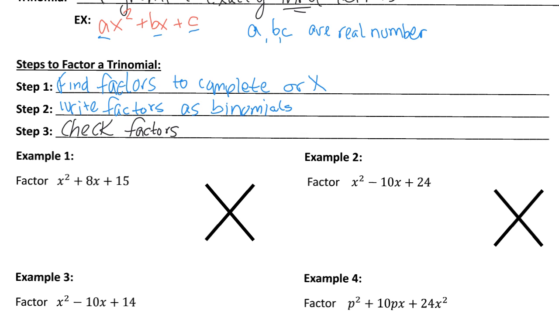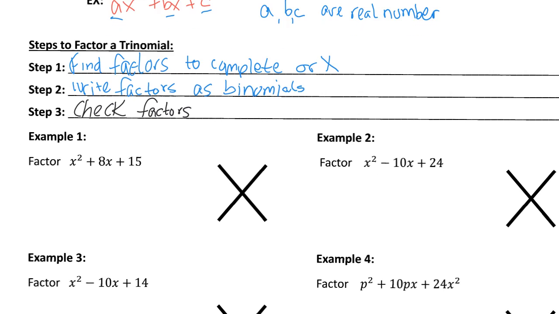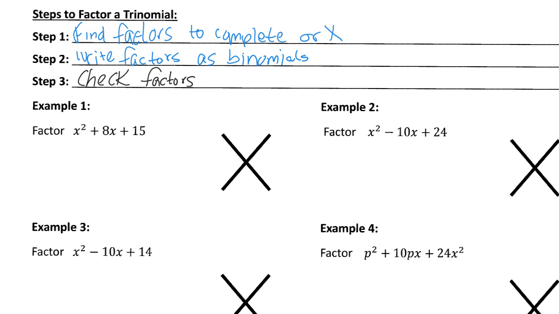So let's look at example 1. I'm just going to move this up a little bit. So we want to find factors to complete the x here, the sum puzzle. So let's talk about this a little more. We have an a value here, a b value here, and your c value, right? Remember that ax squared, bx, and c.